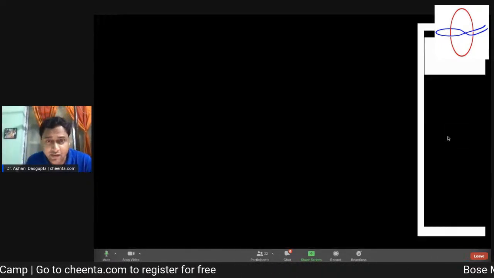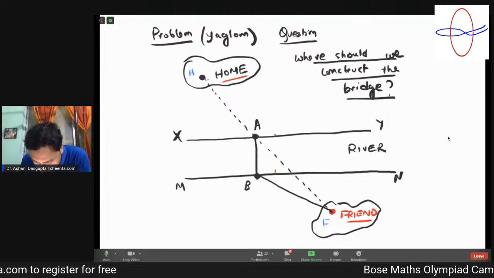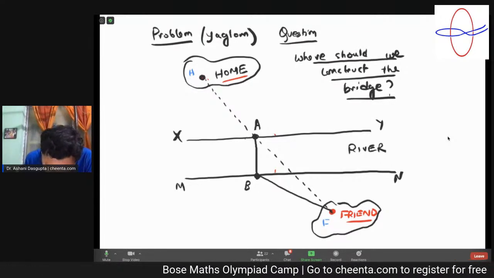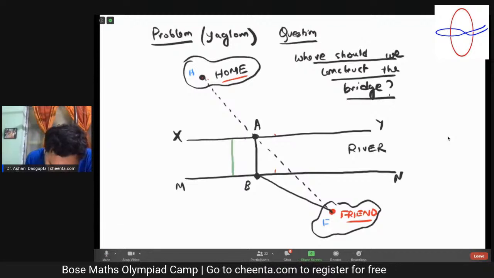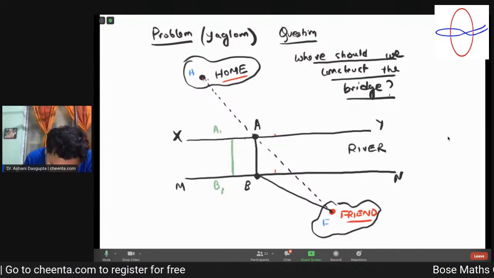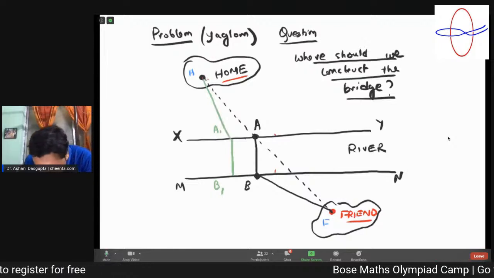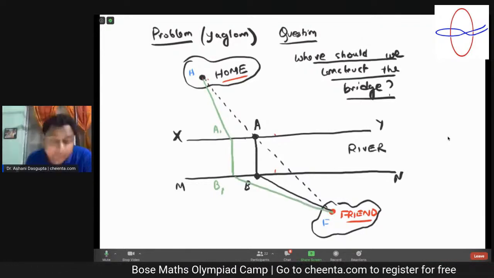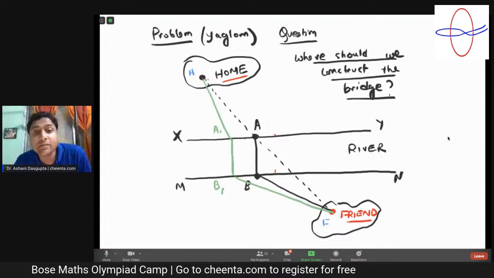I really like your approach. So if I draw another bridge here, let's say A1, B1, can you show that HA1, B1, F will be longer than HABF?